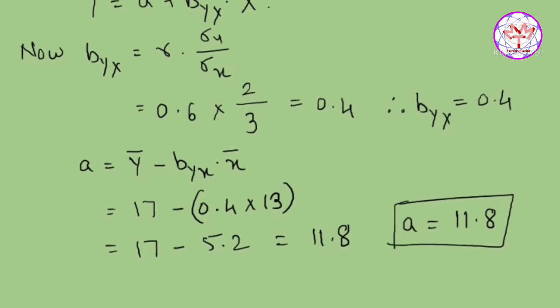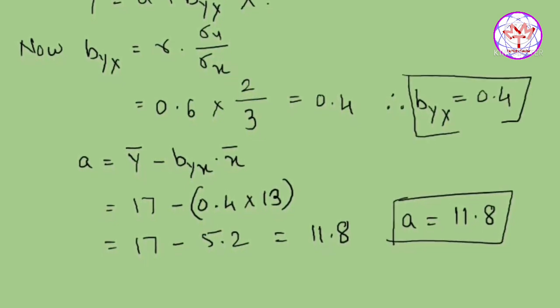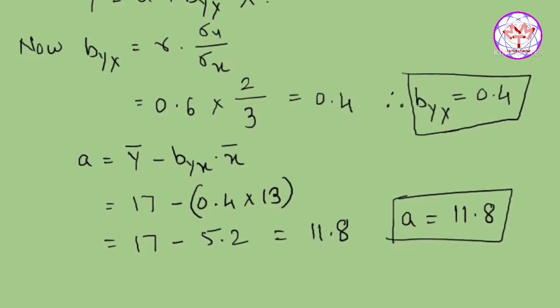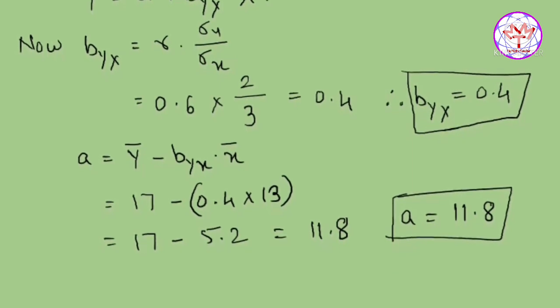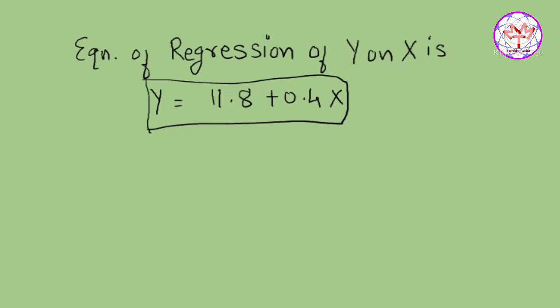Now as usual, we'll substitute the values of byx and a in the equation of regression of y on x. So let us write y is equal to a plus, a we have got 11.8 plus byx is 0.4 into x. So this is your equation of regression of y on x.